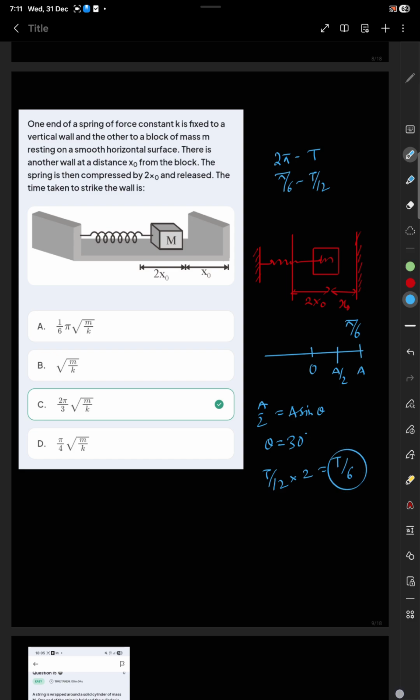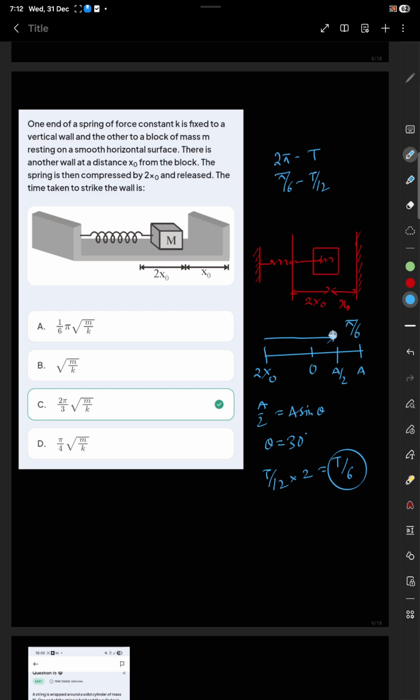Okay, and the rest of the time, the total time is T. So if T by 6 time is taken here, the rest of the time will be T minus T by 6. As the block is compressed to 2x naught, to this position, you need to find the time taken to hit this wall.